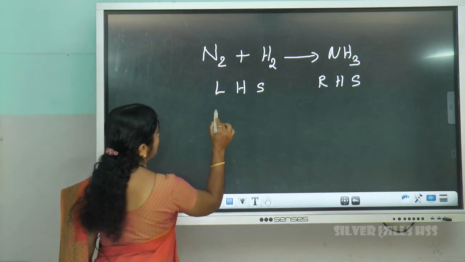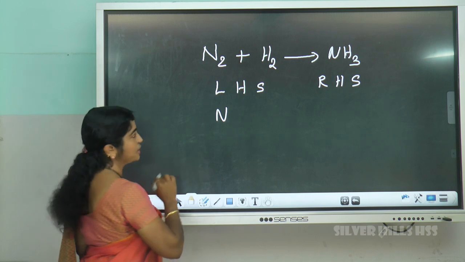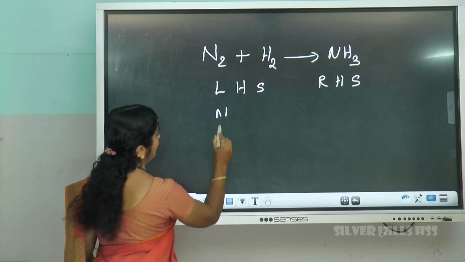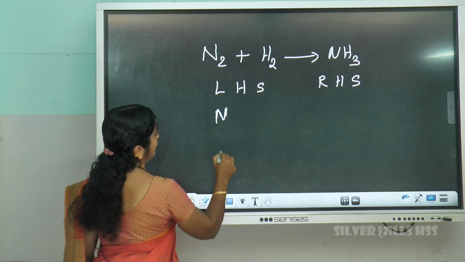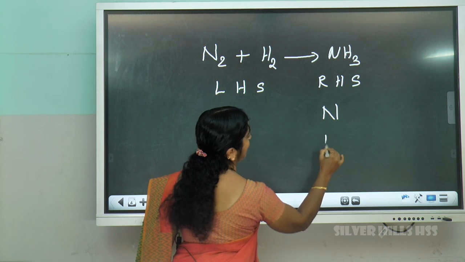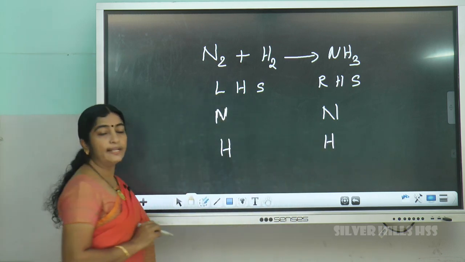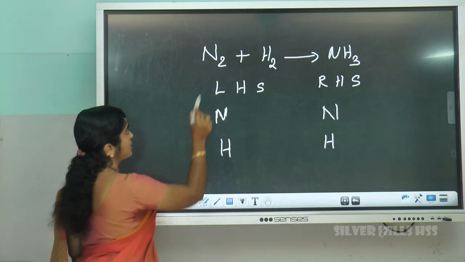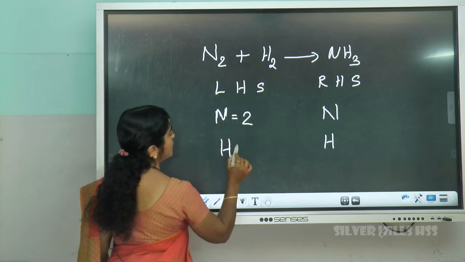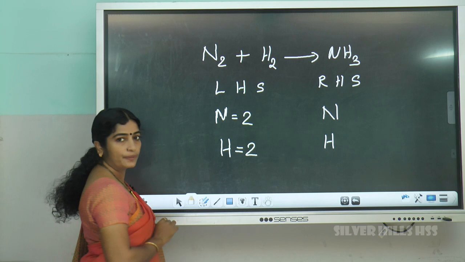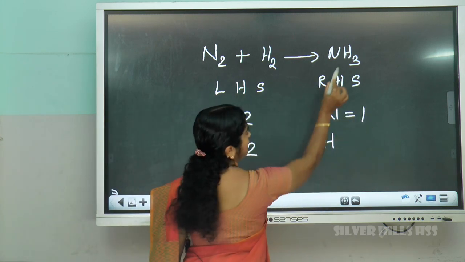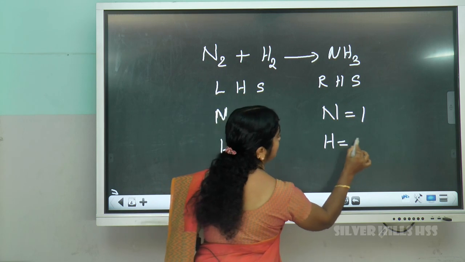Write the elements, atoms present there: nitrogen and hydrogen, and in ammonia, nitrogen and hydrogen. Then write the number of atoms on LHS. How many nitrogen atoms are there? 2. How many hydrogen atoms are there? 2. Then on RHS, nitrogen is 1 and hydrogen 3.